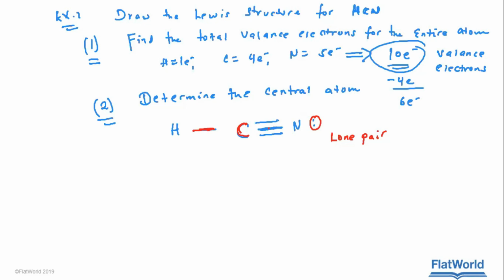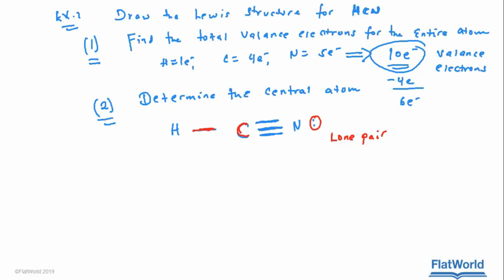Now, I want you to count with me for carbon and nitrogen. Carbon has this, by the way, these bonds here belong to both carbon and nitrogen. They share electrons. So we have 2, 4, 6 plus 2. Carbon has 8, which is good.